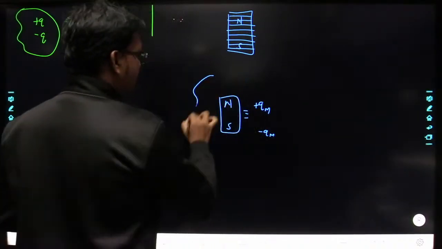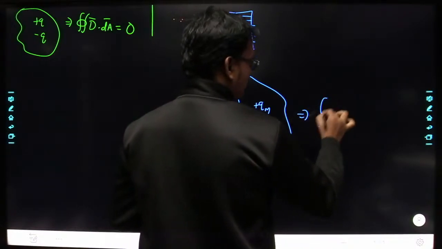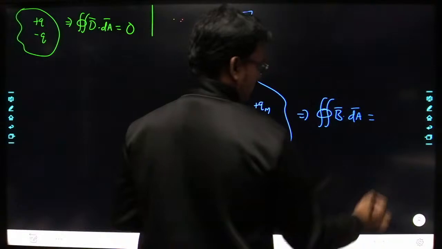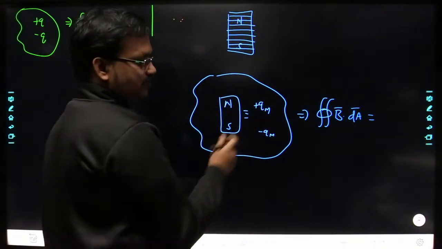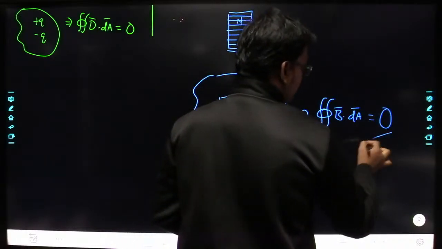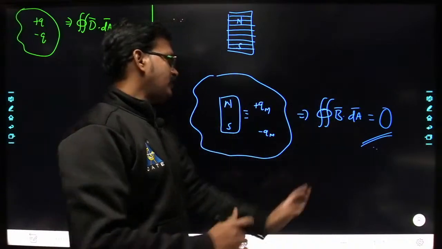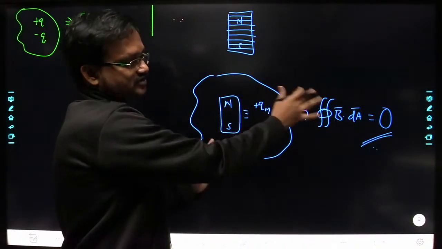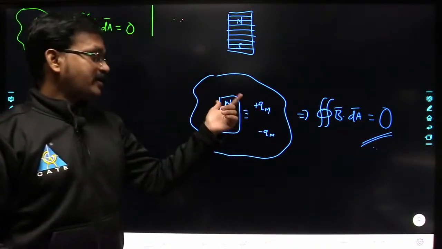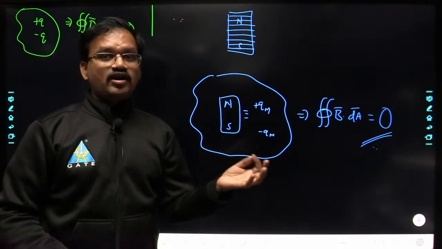In this case, if you enclose this with a closed surface, closed surface integral B bar dot dA bar will be equal to mu times of plus QM minus QM, that is equal to 0. So why are we getting the magnetic flux leaving any closed surface equal to 0? Because magnetic monopoles don't exist, or I can say magnetic charges cannot exist freely.